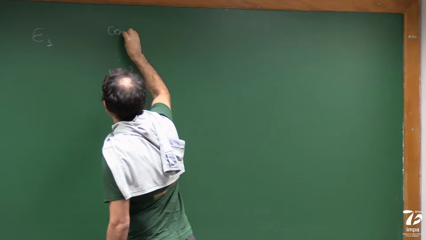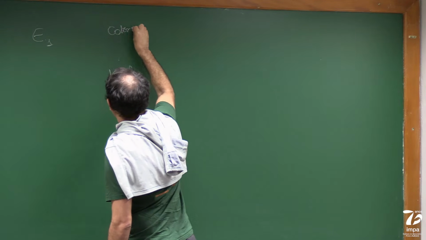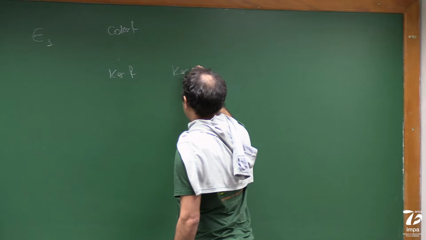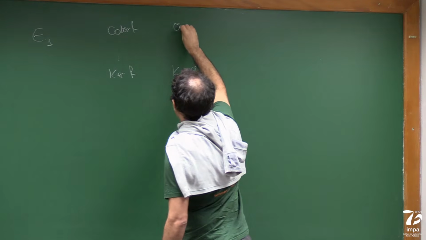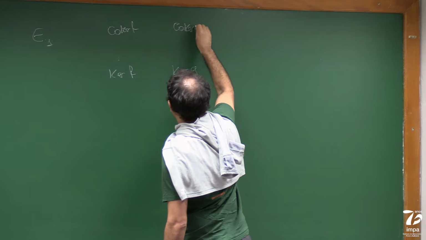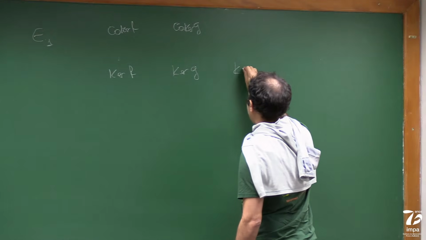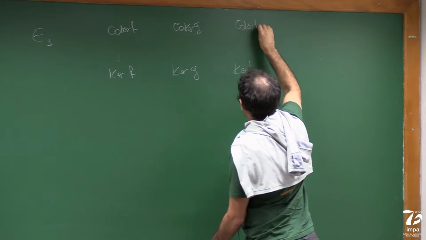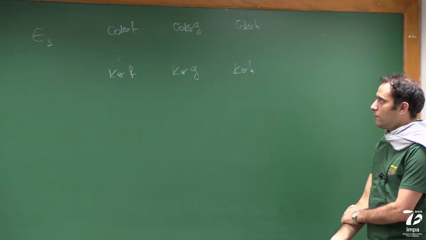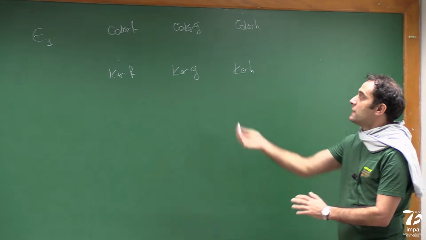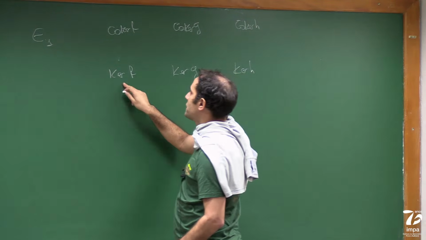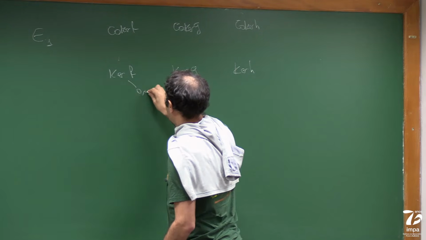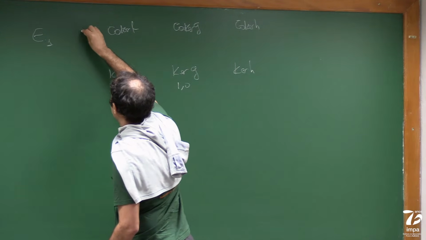The cokernel of F is in degree 0, 1. I have the kernel of G, the cokernel of G, the kernel of H, and the cokernel of H. And this is the E1 page. So this is in degree 0, 0. This is in degree 1, 0, and so forth. This is in degree 0, 1.